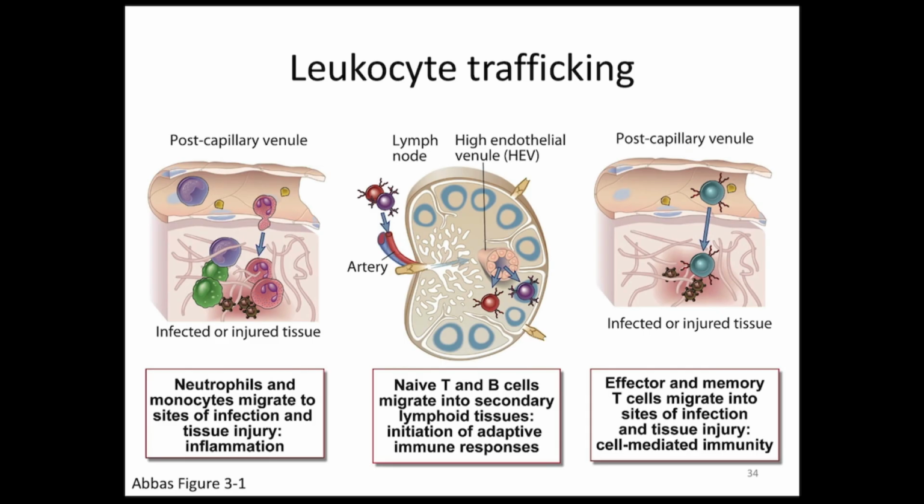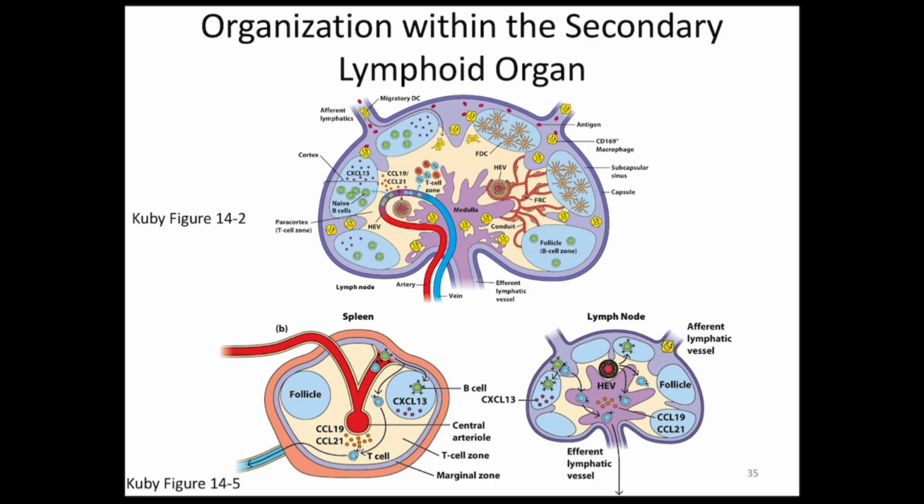When that T cell comes into the lymph node, as you see here, it doesn't just go any old place in the lymph node. The T cell actually goes to a specific location inside of the lymph node. And that location is the T cell zone.